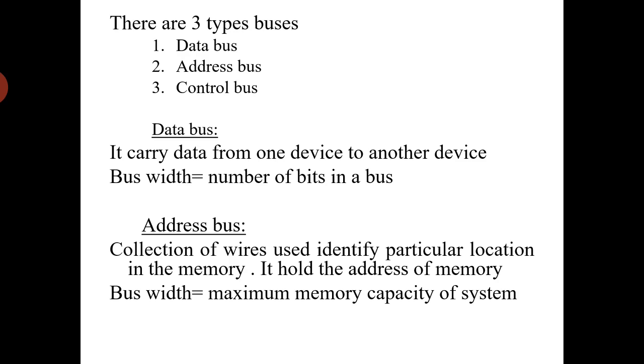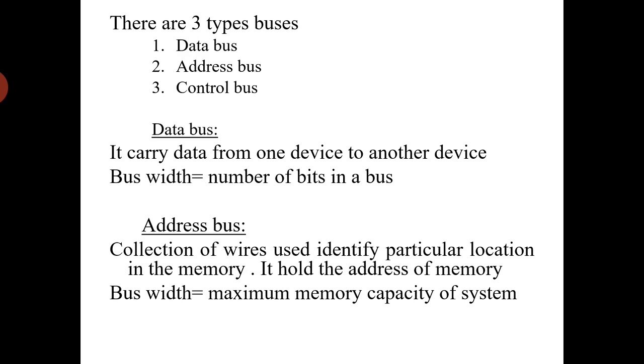So in case of the data bus, the bus width is the number of bits in a bus. In case of the address bus, the bus width determines the maximum memory capacity of the system. This is about the address bus and data bus. The data bus transfers the data between several devices, and the address bus holds the address of the memory location.